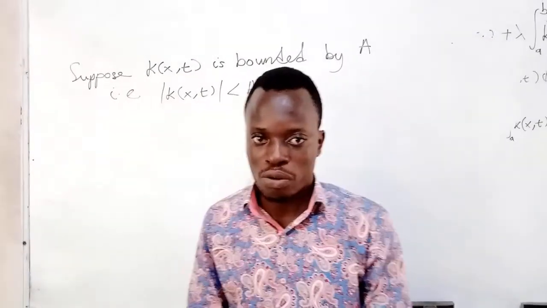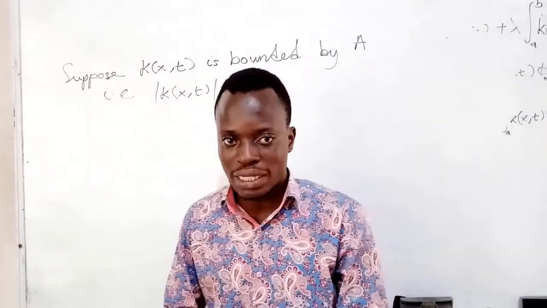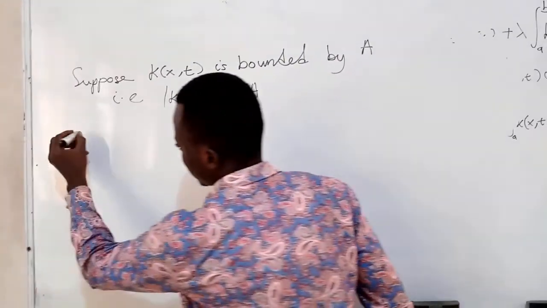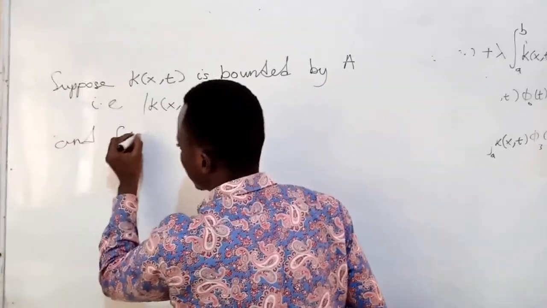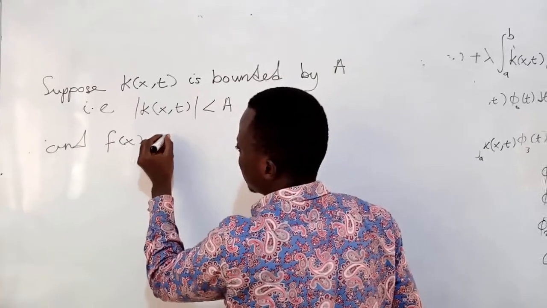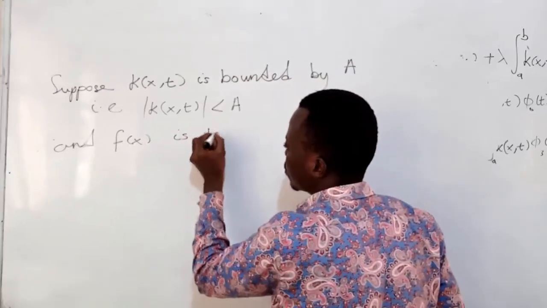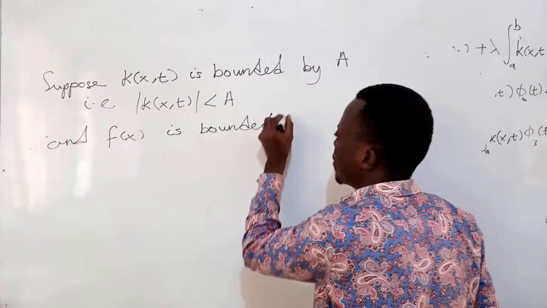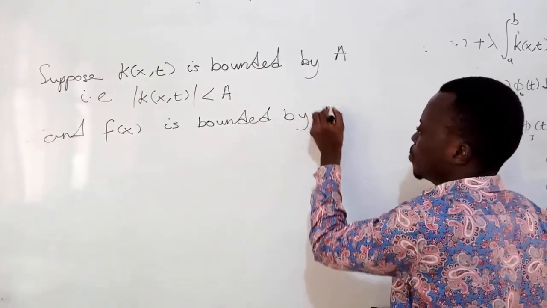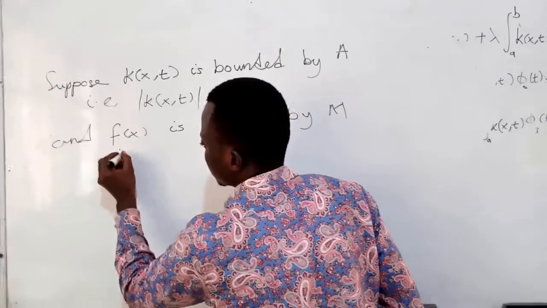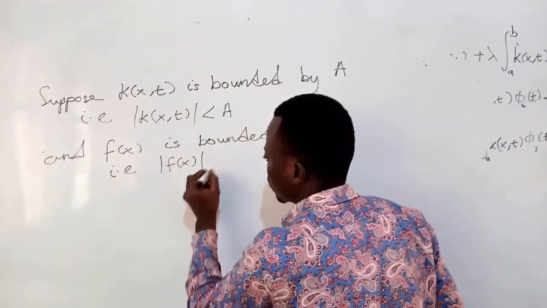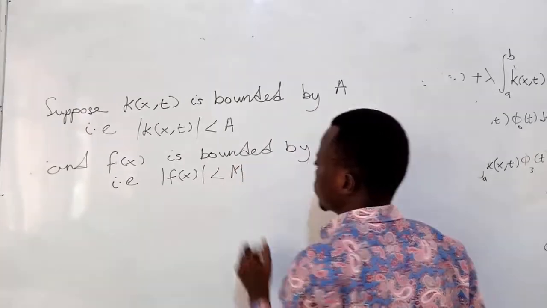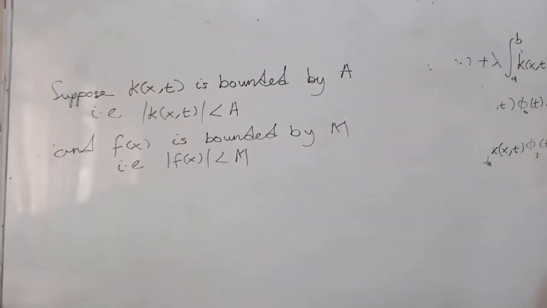We also say that the free term, f of s, is continuous in the fundamental interval, which means that the free term is also bounded. The free term f of s is bounded by M, that is, less than M. Now let's consider this relation.